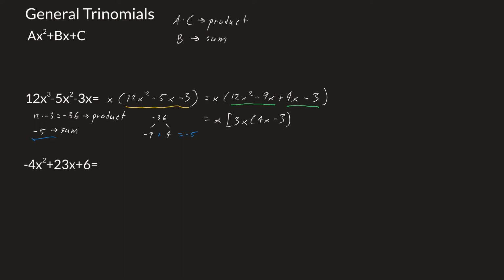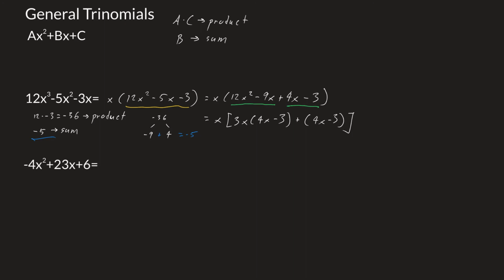Okay? So it seems like I want to have a 4x minus 3 on the second set. But if we look at that, we already have 4x minus 3. So we don't have to factor anything out. Let's just assume we factor out a positive 1. I don't even want to have to put that 1. Yeah, 4x minus 3. Okay?